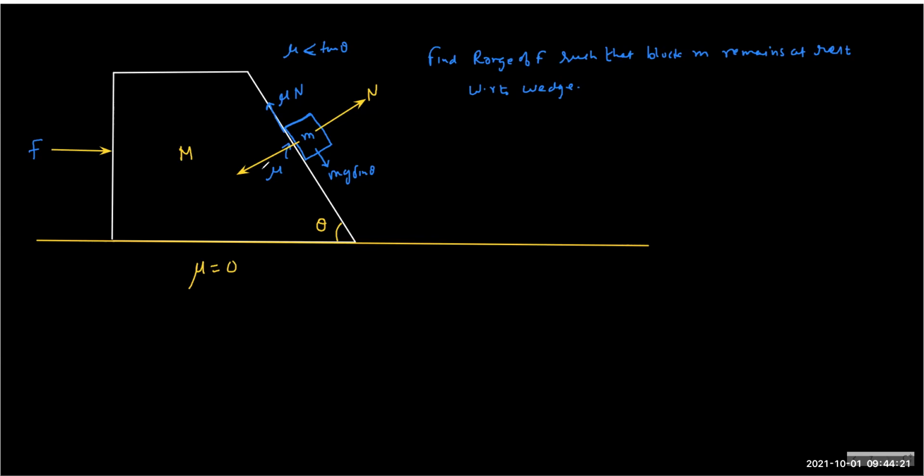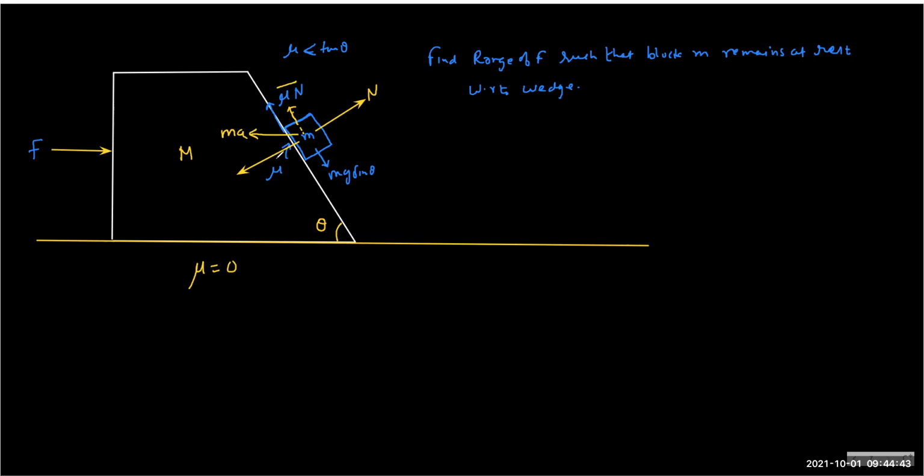So we need to accelerate the system as a whole a bit, so that a pseudo force like ma develops on the block, and this pseudo force will also create a component along the plane, which with mu N will balance the mg sin theta.